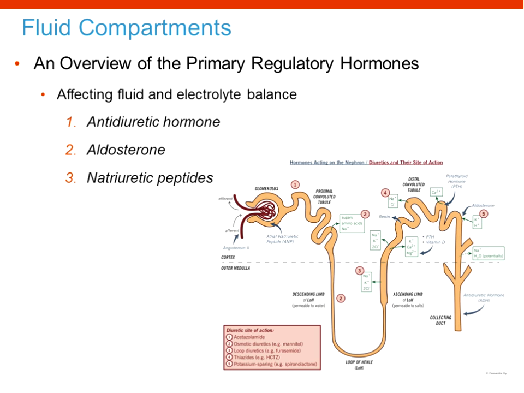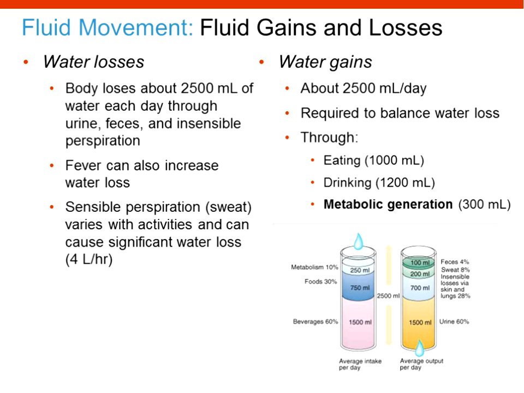And then natriuretic peptides work at the distal convoluted tubule to block sodium reabsorption. And so by blocking sodium reabsorption, more solutes end up in the filtrate in the DCT and the collecting duct. And so the osmolarity gradient might not be as great, and so more water is then lost as more solutes are lost into urine.